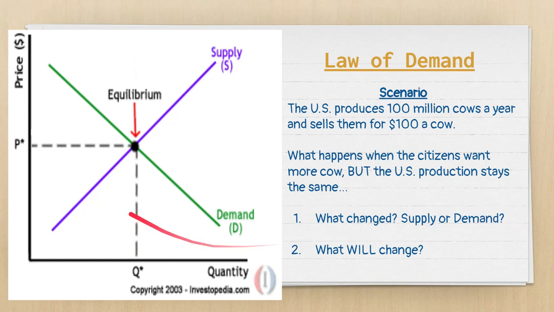So even though this graph looks like demand is increasing, yes it is, but because we're not supplying more, the price will go up. So that's some variables that will be thrown into supply and demand graphs.